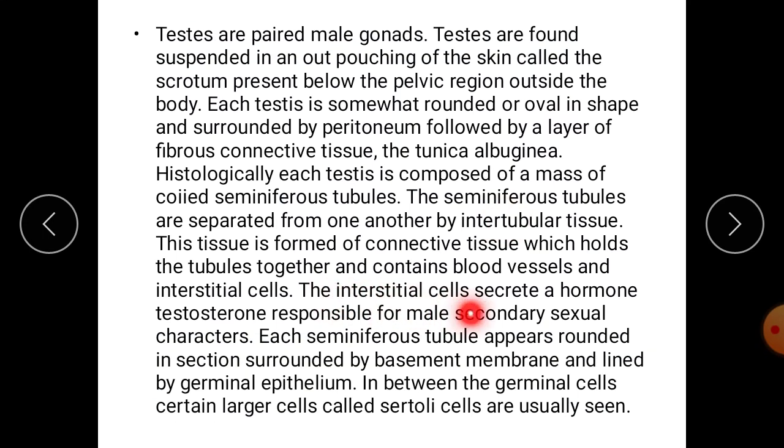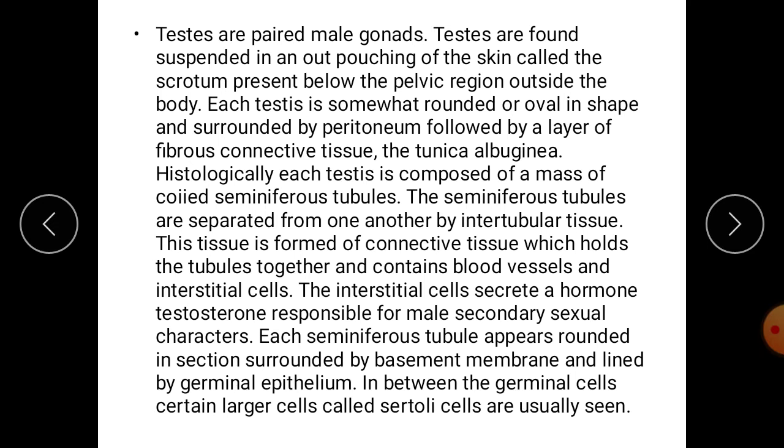See, outside the seminiferous tubule, interstitial cells are present. The interstitial cells secrete a hormone called testosterone, responsible for male secondary sexual characters. Testosterone is the male hormone.